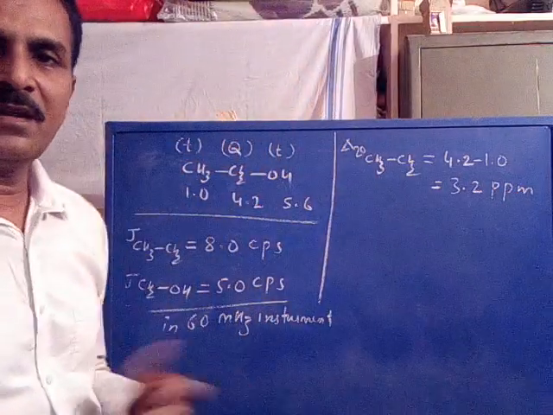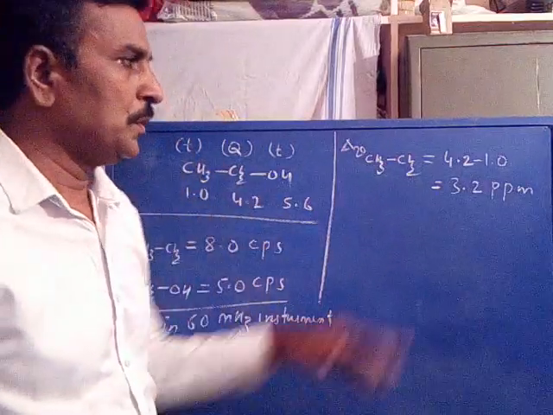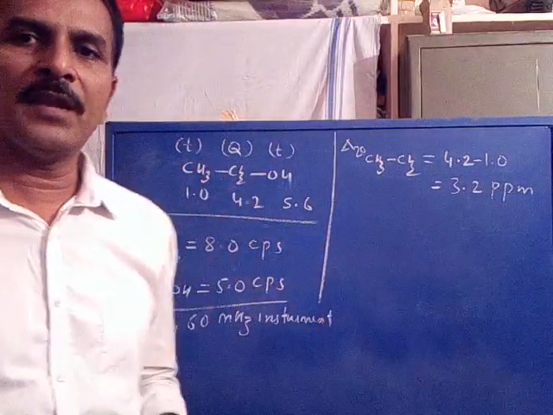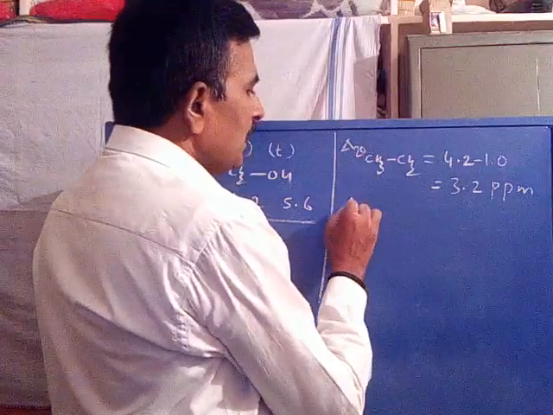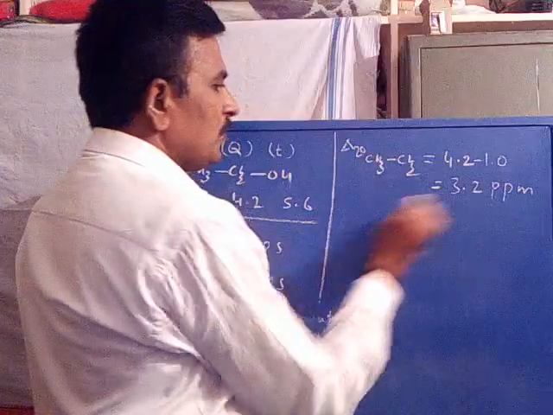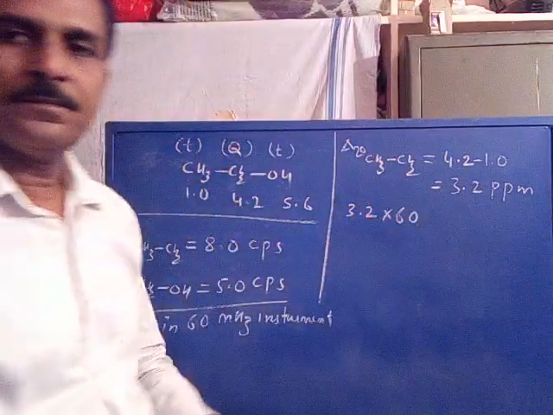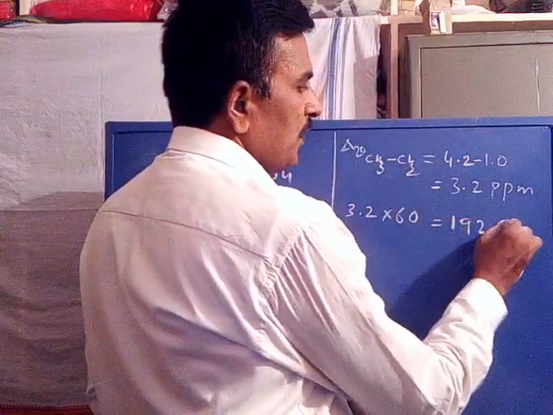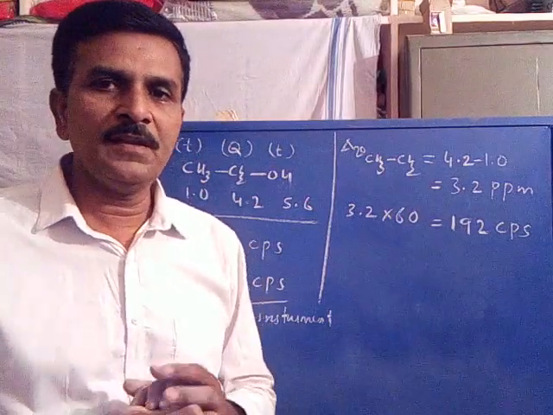That is the difference in absorption frequency between CH3 and CH2 in ppm. So we have to transform it into CPS by multiplying with the instrument frequency. Therefore delta nu CH3CH2 is 3.2 times 60 megahertz, which equals 192 CPS. Is it clear?